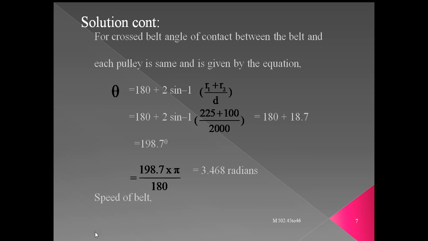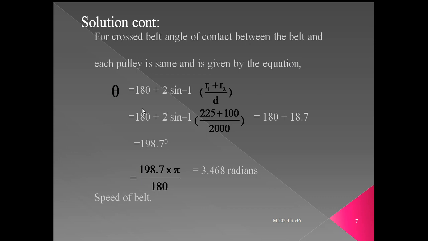For a crossed belt, the angle of contact between the belt and each pulley is the same, because it is a crossed belt drive.